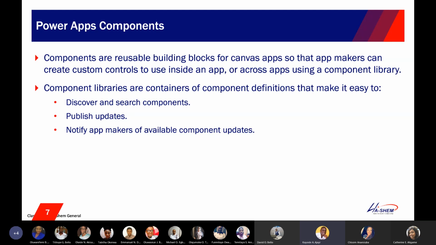So as you can see here, component libraries are containers of component definitions that make it easy to discover and search components, publish components, and notify app makers of available component updates. So for example, if you have components in your components library, every app maker within that environment is going to have access to those components, and they can use them in their applications. So components are just there to make your application building faster and more effective.